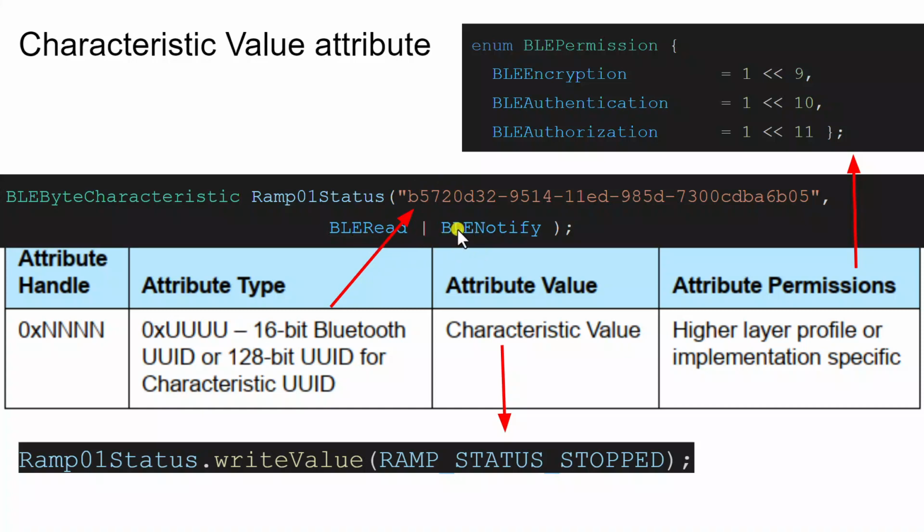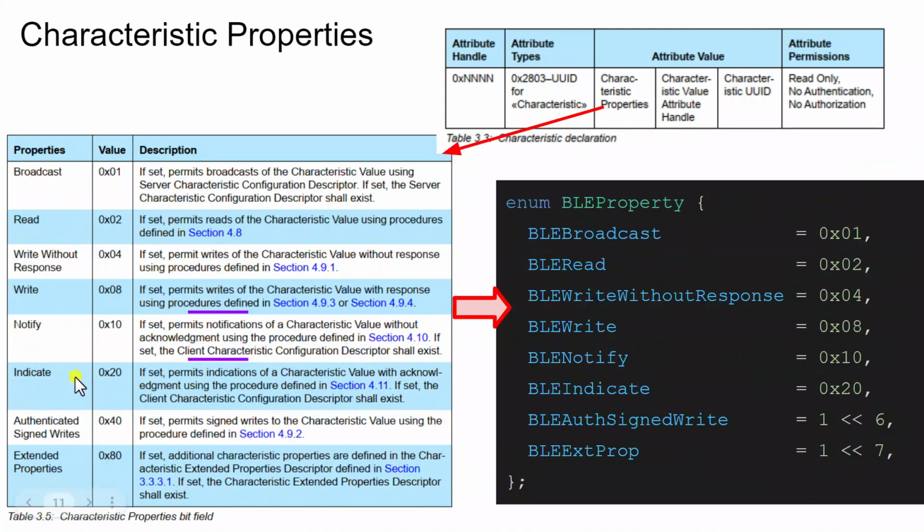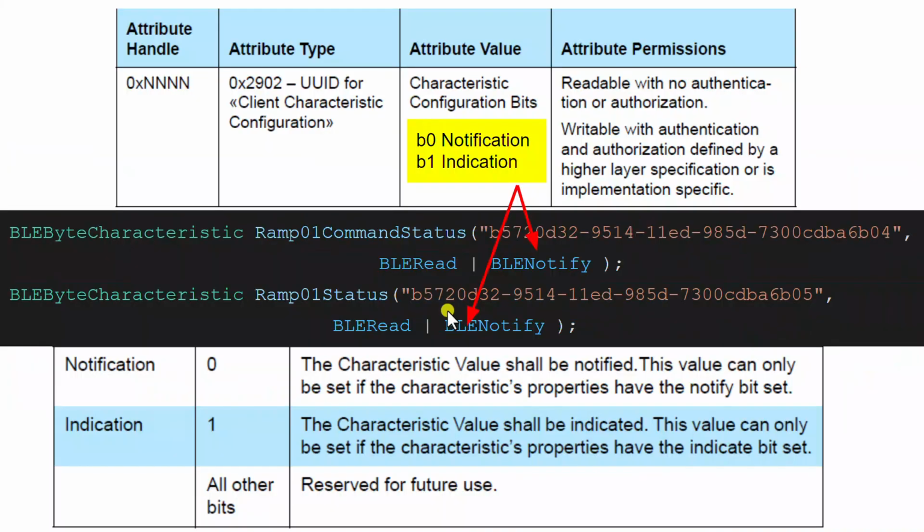It's also saying that the client can get notifications if it desires from the status, and so these are what's being set here. And those notifications, that's that third attribute that can be associated with the characteristic. What the client would have to do is say, yes, I want to be notified, by setting that value.